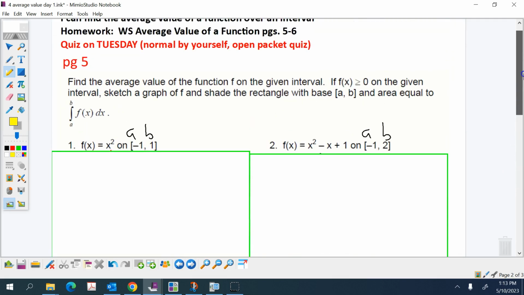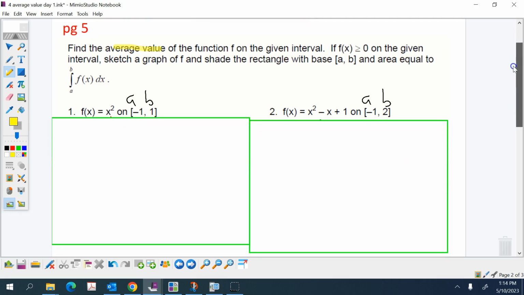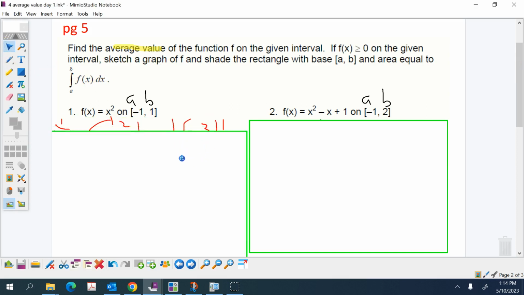Next example. Find the average value. Find the height of the rectangle of the area when I use the integral. So I'm given the function x squared. I'm trying to find the area between -1 and 1, but from that area, I'm going to divide by the base. 1 over b minus a is the multiplier, and that's going to give me the height of that rectangle.